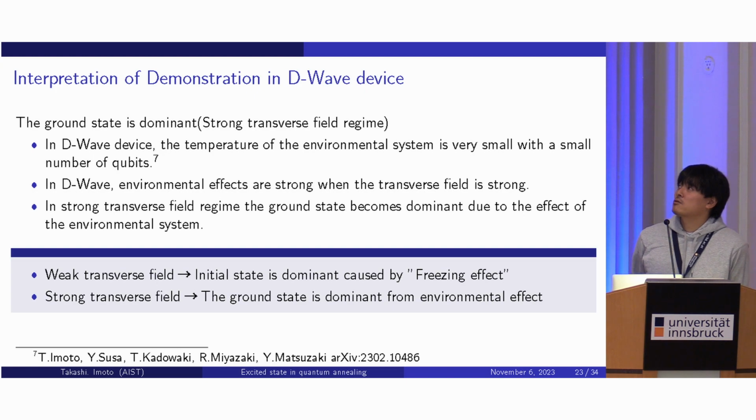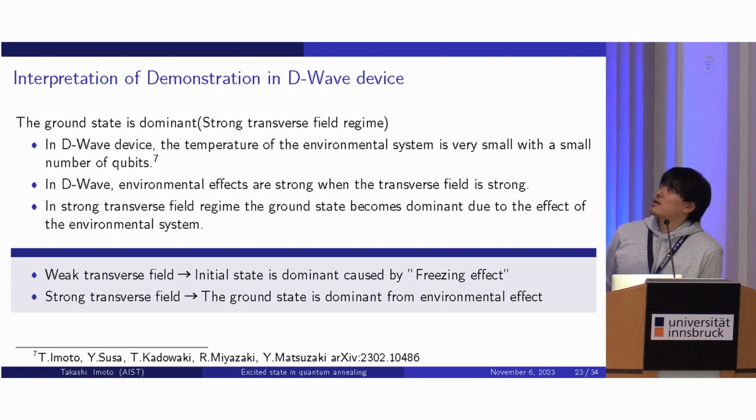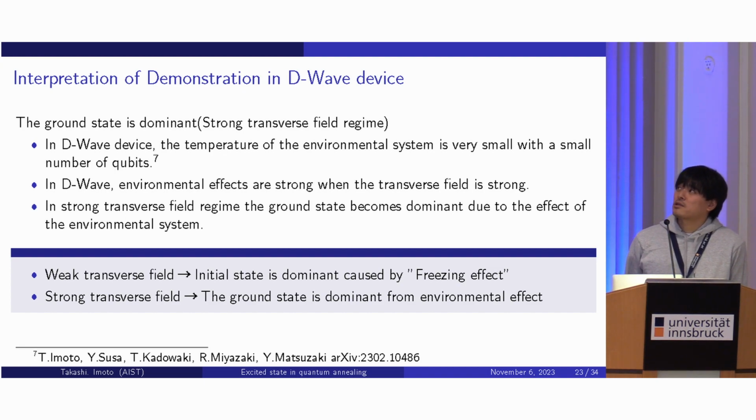Okay, so next, on the other hand, we consider the strong transverse field regime. So why is the ground state dominant? Okay, so in the D-Wave device, the temperature of the environmental system is very small, and with a small number of qubits, environmental effects are strong when the transverse field is strong.